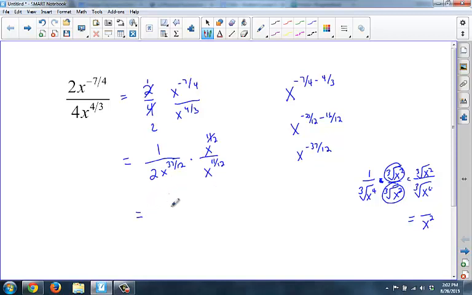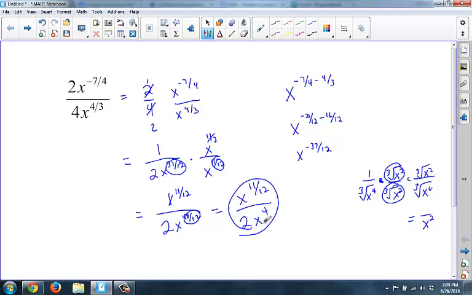On the overall problem, I'm going to get x to the 11/12 on top, and 2x to the 48/12 on the bottom, simply because I added this exponent and this exponent, and I got 48/12, which is just 4. So my final answer: x to the 11/12 over 2x to the 4th.